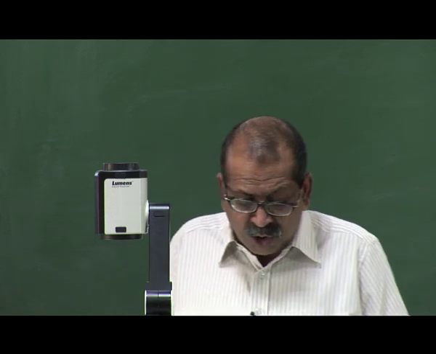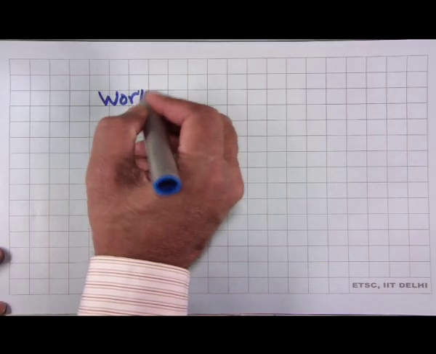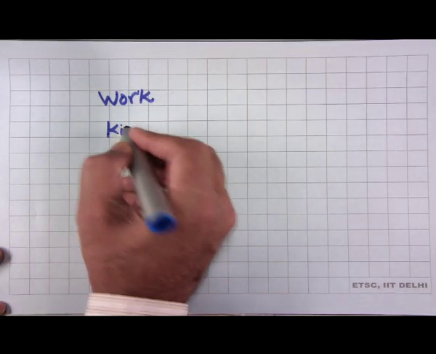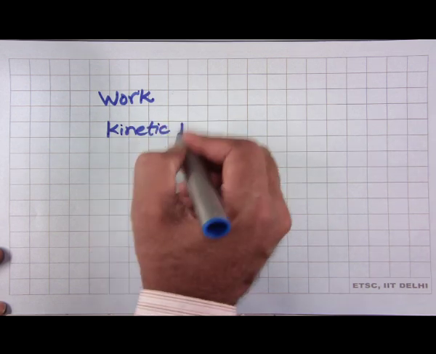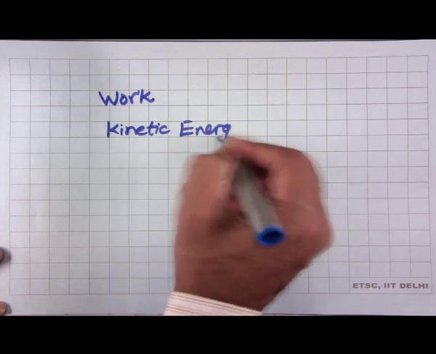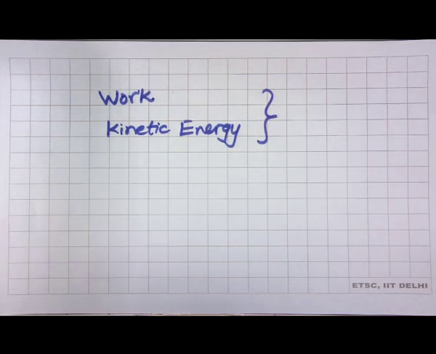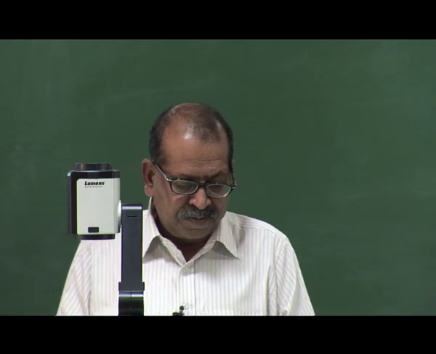So, in order to see this, let us introduce two new concepts: the concept of work and the concept of kinetic energy. These are two terms which will be defined in the sense of physics in today's class.